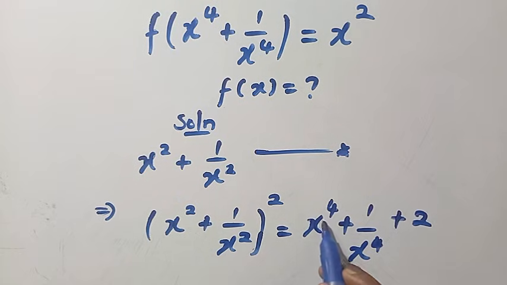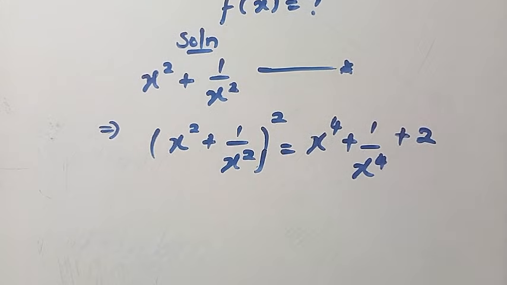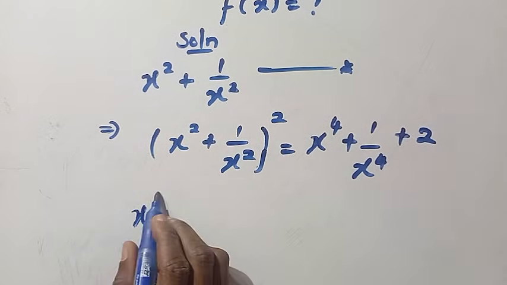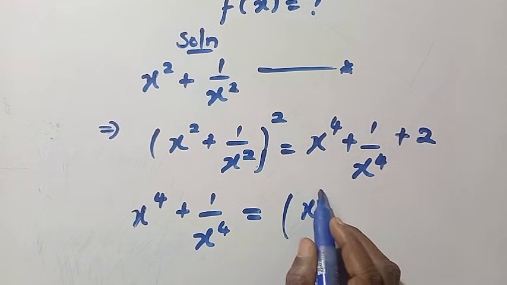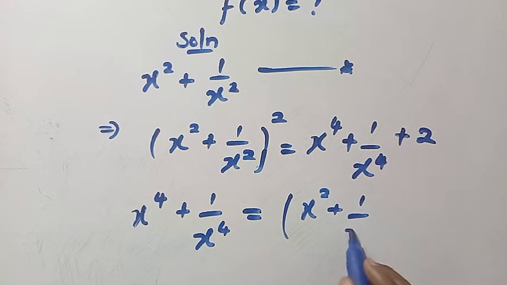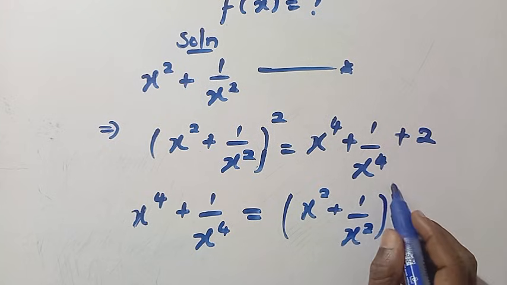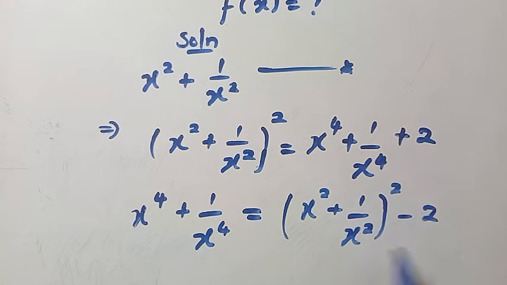So by making x to the power of 4 plus 1 over x to the power of 4 the subject of the formula, we have x to the power of 4 plus 1 divided by x to the power of 4 equals, open bracket, x to the power of 2 plus 1 divided by x to the power of 2, all raised to power 2, then minus 2.